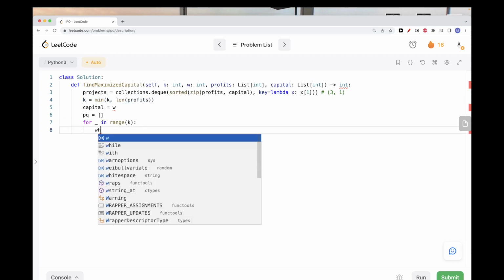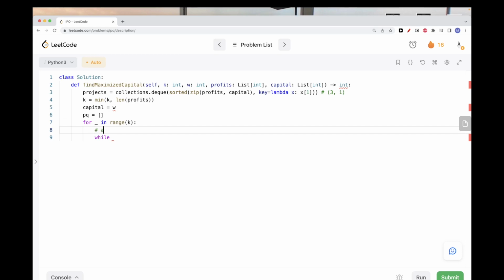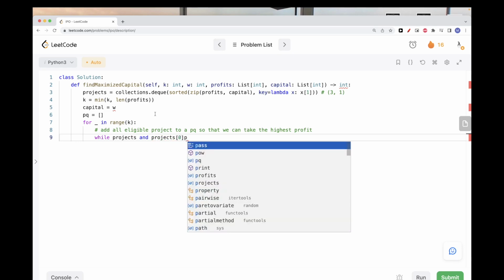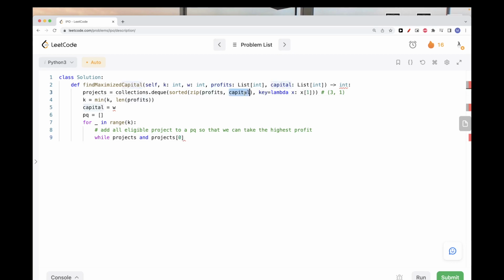And now what we want to do is basically add all eligible projects to a priority queue, so that we can take the highest profit. Because we want to maximize the profit, but we also want to maintain that we can't take more than the capital we have. And so to do that, while we have projects, of course, we look at the project in the front, and we want to check the capital of it, which is at position 1.